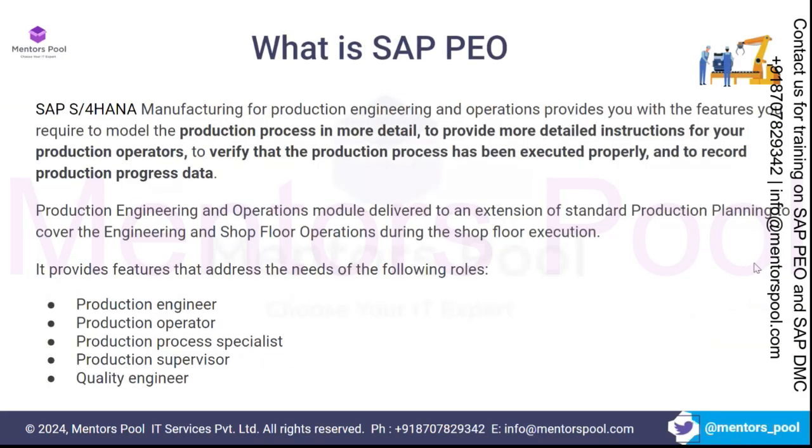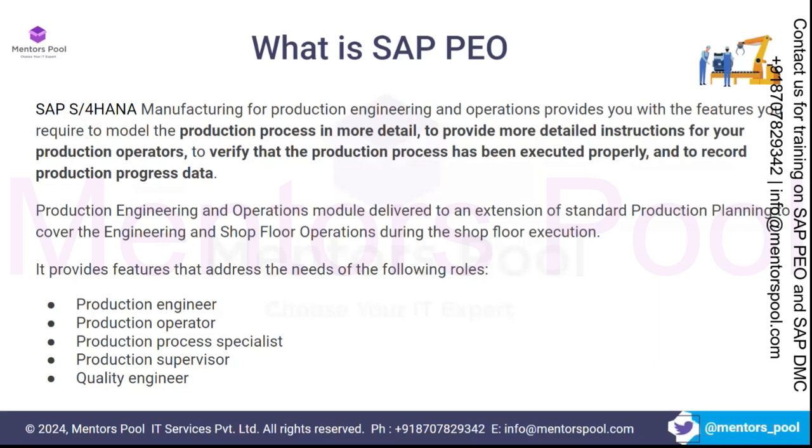What is PEO? PEO stands for Production Engineering and Operations. PEO was created in order to target the end-to-end process of a manufacturing industry, starting from engineering to operations, right? You will see different modules, but if I have to split it into three, one would be the engineering part of it, where the designing process happens.